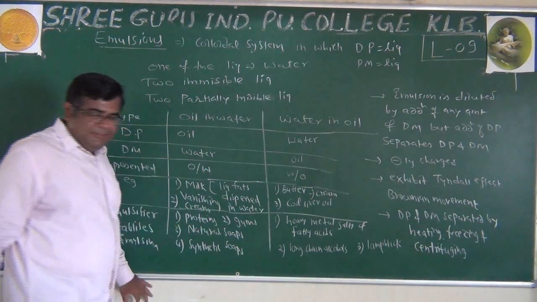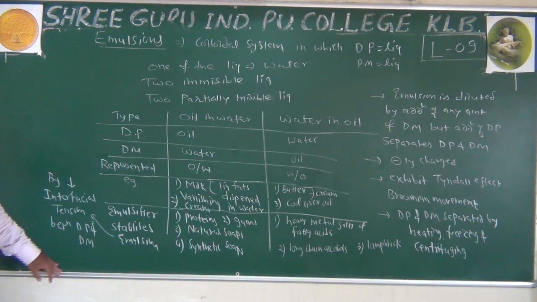So these are the properties of the emulsion colloidal system, in which the dispersed phase is liquid and the dispersing medium is also liquid. So a one mark question can be asked on the emulsion.